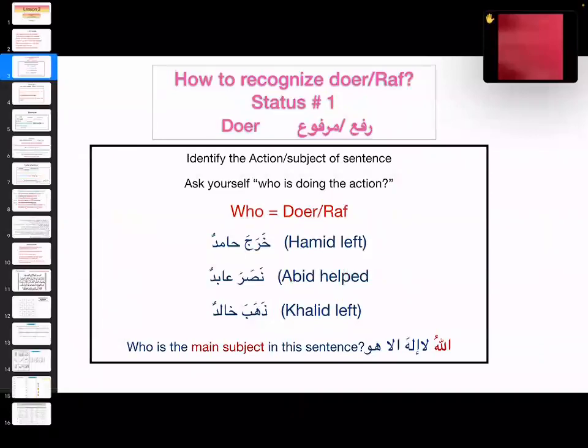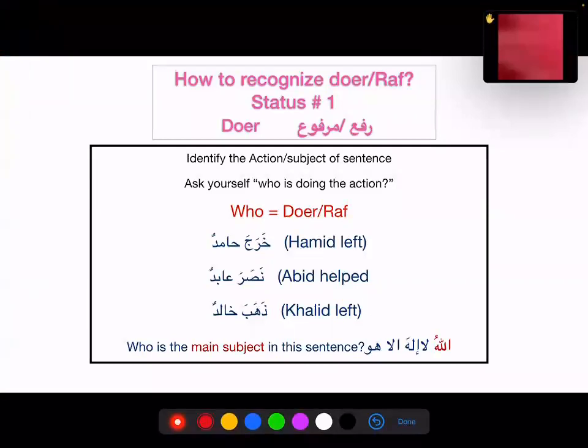How to recognize the doer or Rafa in a sentence. When I say Rafa, it means we are talking about the doer or the subject of the sentence. How can we recognize a doer? First of all, you read a sentence and identify the action or the subject, because not every sentence is going to have an action.